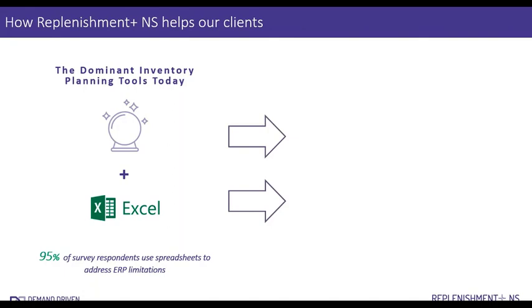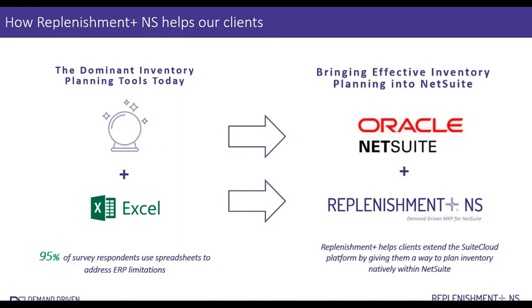And what we want to help our customers do is bring effective inventory planning into their ERP, specifically in this case, NetSuite, by using the functionality within Replenishment Plus. So Replenishment Plus helps our clients extend the SuiteCloud platform by giving them the ability to plan inventory natively within NetSuite.